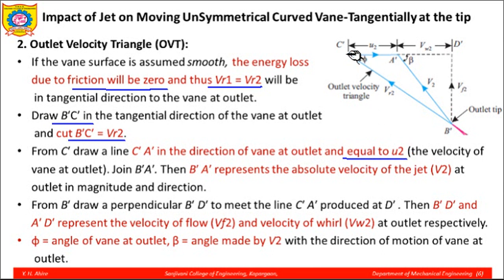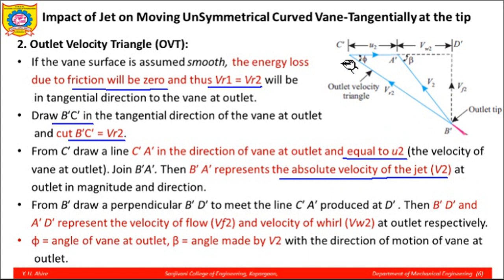So from C', draw line C'A' equal to the magnitude U2, the velocity of the vane at outlet. Then join B'A', so that B'A' represents the absolute velocity of the jet at outlet, that is V2. So join this B' with A'.